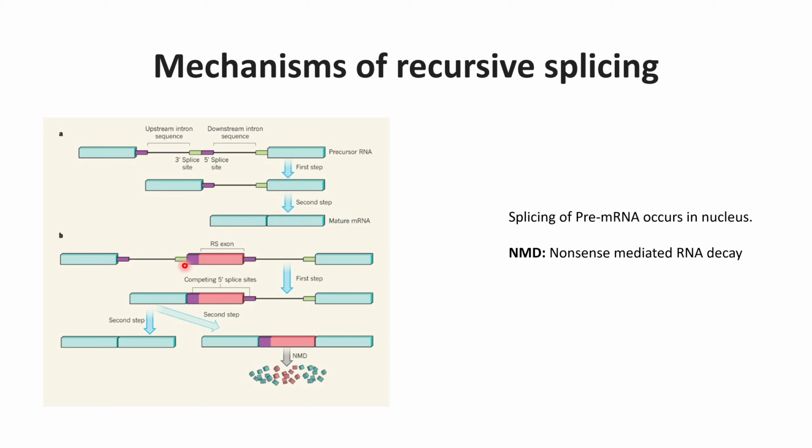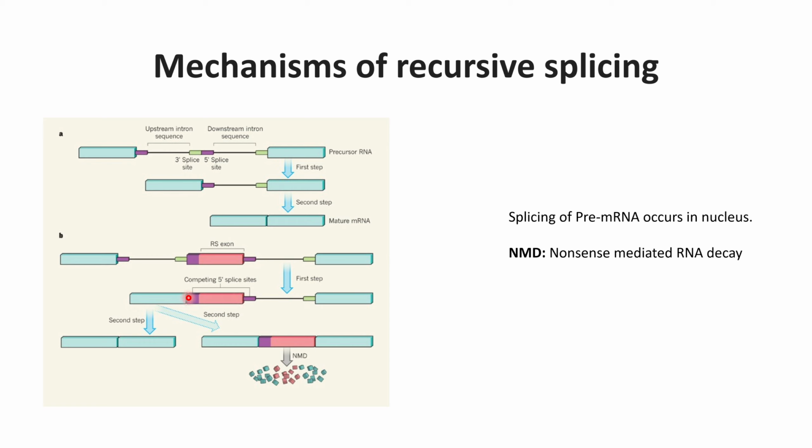The process is somewhat similar to what we have discussed in the first step. That is, first the 3 prime splice site will remove the upstream intron sequence, and then the precursor mRNA will become like this, and after that there will be two 5 prime splice sites.